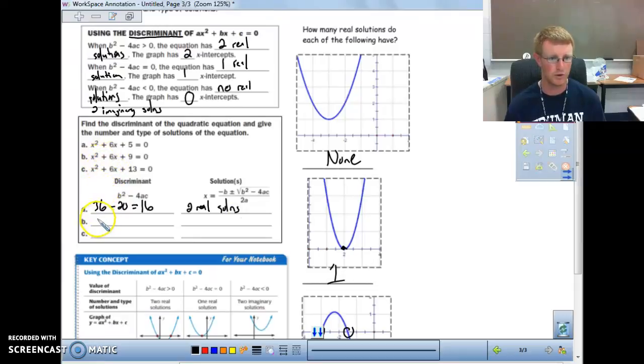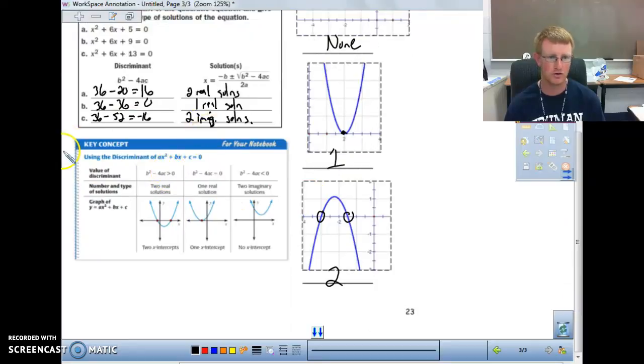In the second one, we get 36 minus 36, which equals 0, so we expect to get one real solution. And in the last one, we get 36 minus 52, which is negative 16. Because it's negative, we will get no real solutions, or two imaginary solutions.